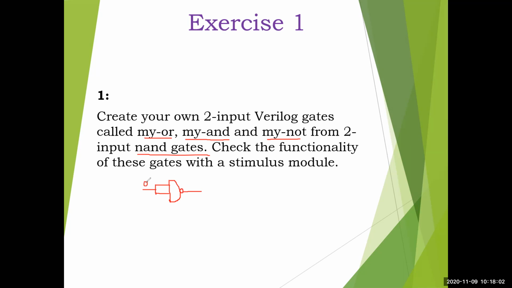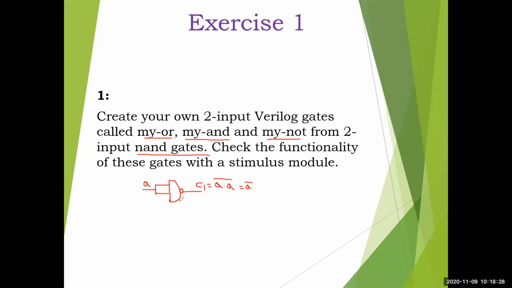I call the input A and the output C1. So C1 is equal to A bar. It is actually A dot A bar, since both inputs are A. A dot A from Boolean algebra is A itself, that's why it is A bar. This is how you construct your own my NOT from a NAND gate.